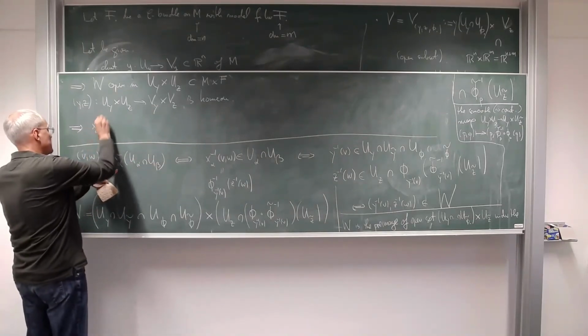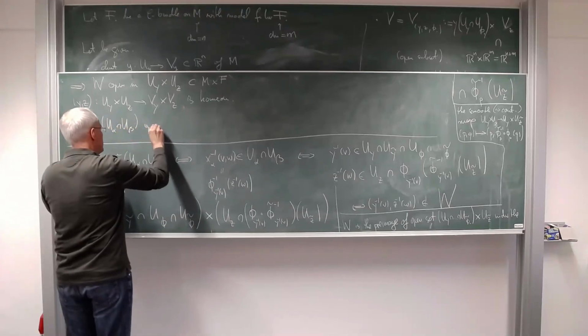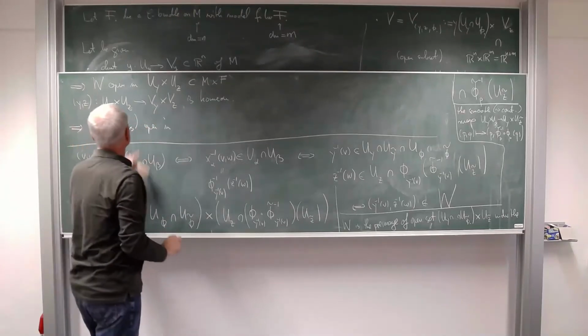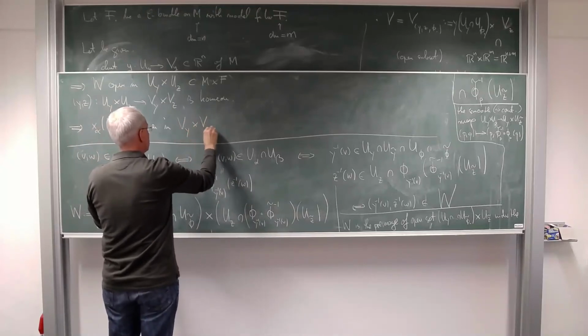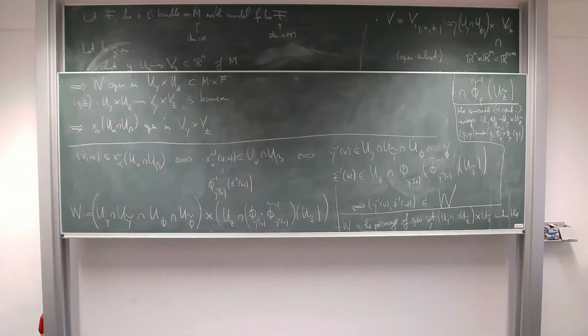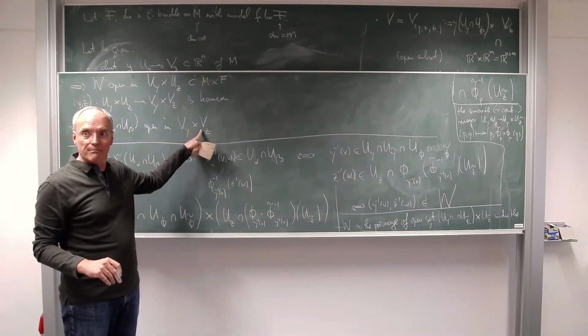So X alpha of this intersection is open in Vy cross Vz. Right? Because it's a map on an open set under a homeomorphism, so we get an open set in here, but that is open in R^(n+m).